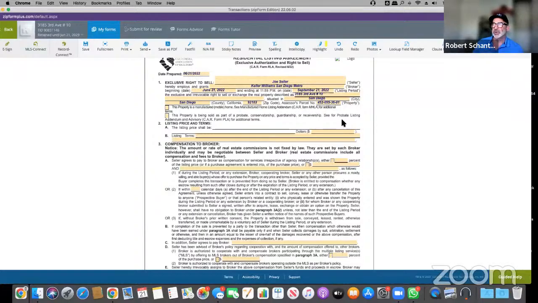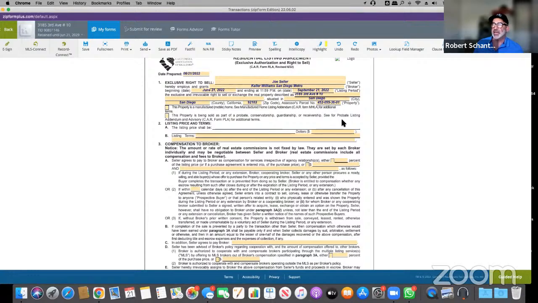So if there's two or three, you have to put every one of them on the listing agreement. If it's in the name of a trust or an LLC or a corporation, then you need to incorporate the RCSD-S, which is the representative capacity form that shows who has the authority to sell that property.